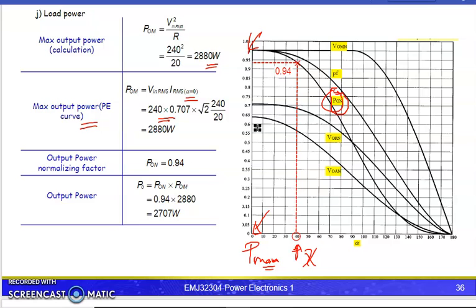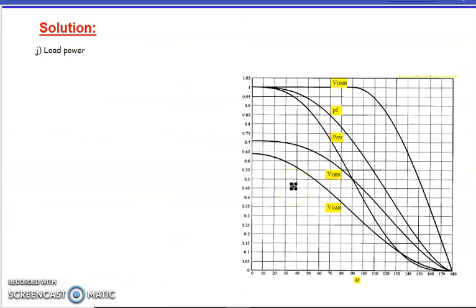V in sticks at 240 times I RMS at alpha equal to 0.